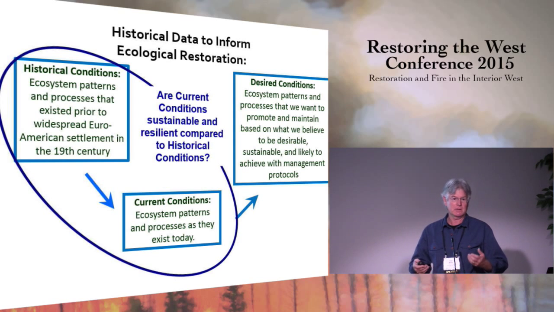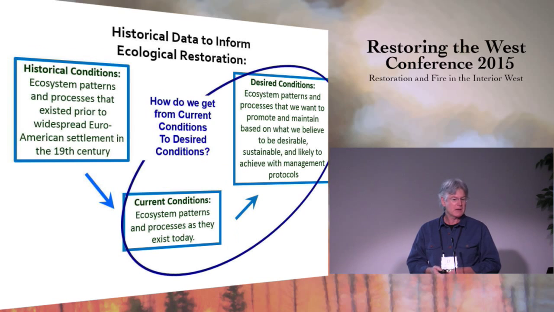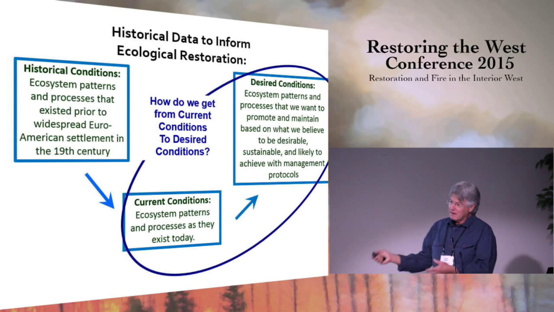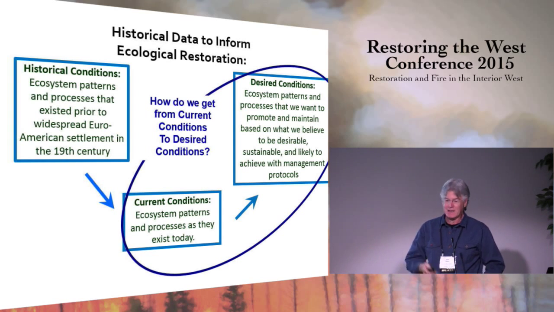Are they resilient? How have they changed? How aren't they resilient? Another question we can ask with the historical data is, how do we get from current conditions, using our understanding of these longer-term dynamics, where we are today, particularly for management purposes and so on.